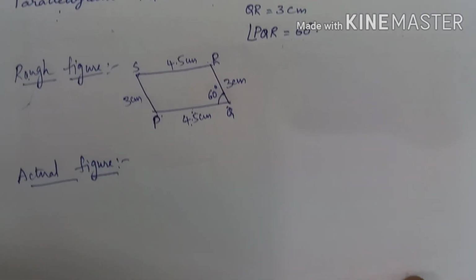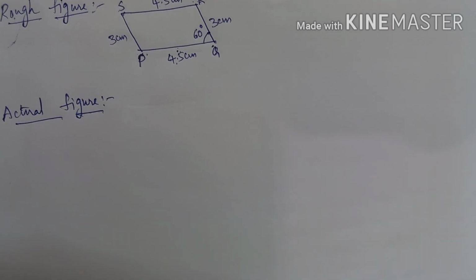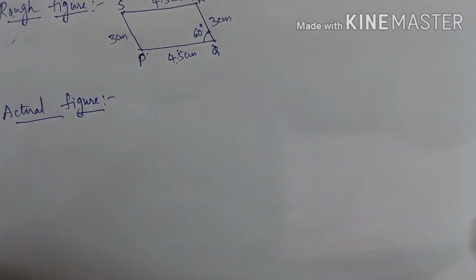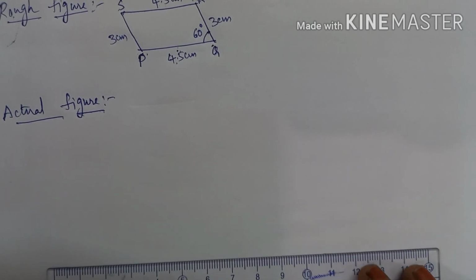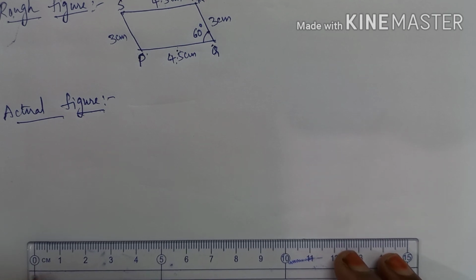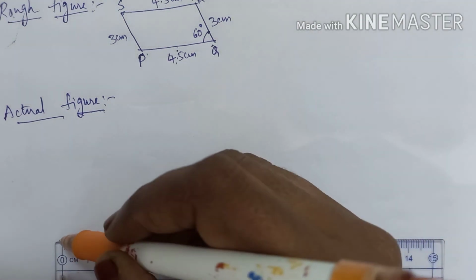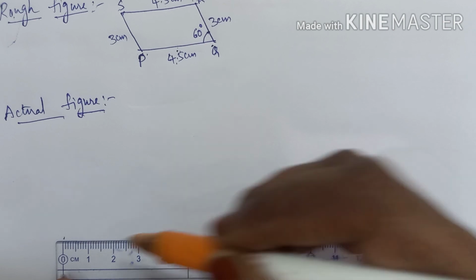Now let us construct the actual figure. Again, draw the line segment PQ of 4.5 centimeters using a ruler. So 4.5 centimeters. See, from 0 to 4.5 centimeters.